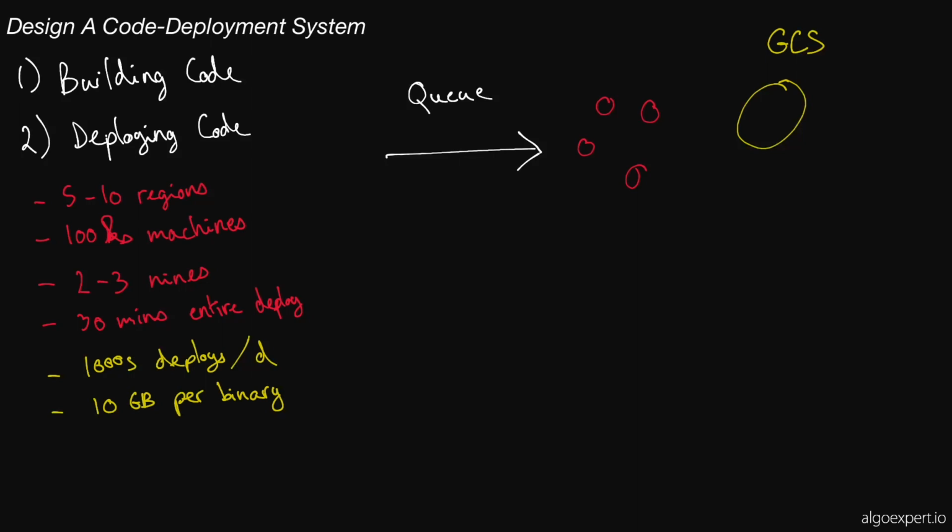Now, how the queue is implemented, rather, the idea that comes to mind at first is to do this very simply, implement a queue just as you would in actual code, like in a coding interview, for instance. You have a data structure that you store in memory on some server, and you have your jobs stored in that queue in memory. The only thing about that is that if your server goes down, you lose all of the state for all of your jobs.